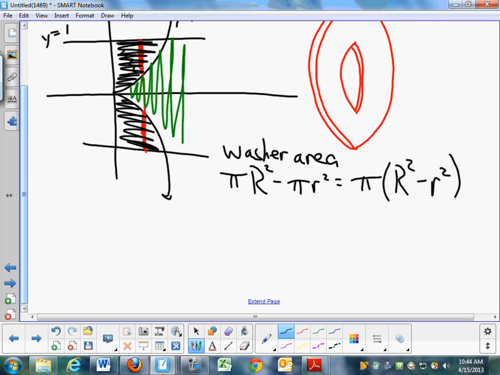If you want to find the area of a washer, you need to find the big radius and the little radius. You need to subtract the components. Now you can factor a pi out to the outside, but this is our task.